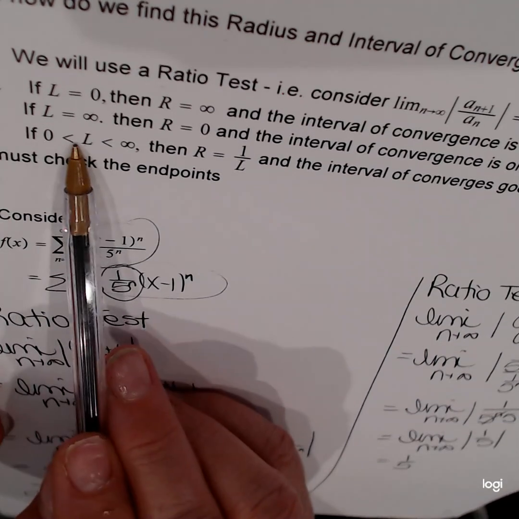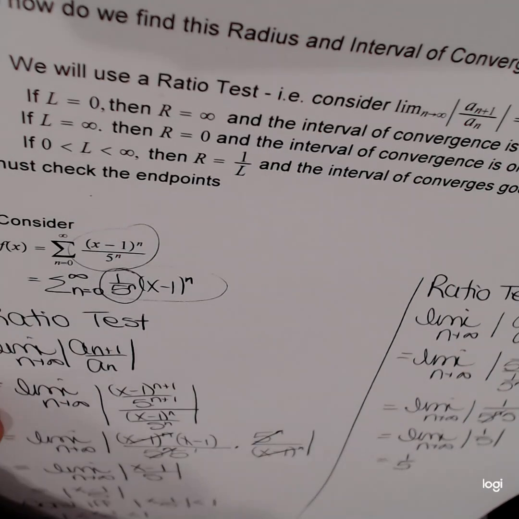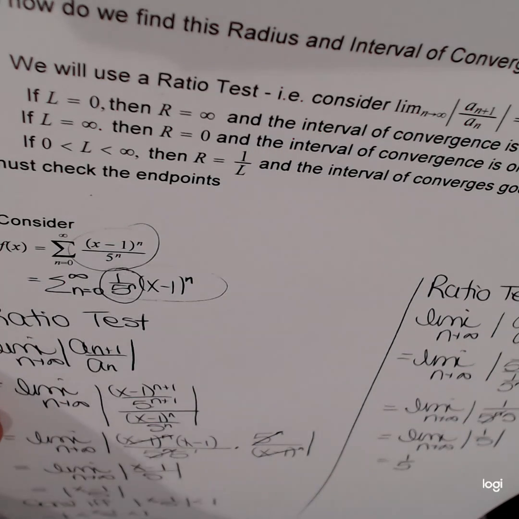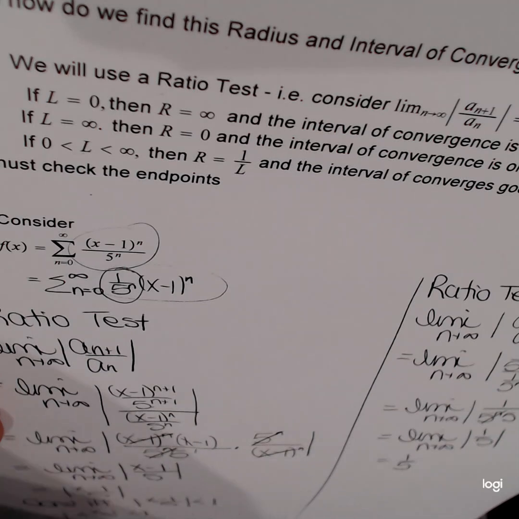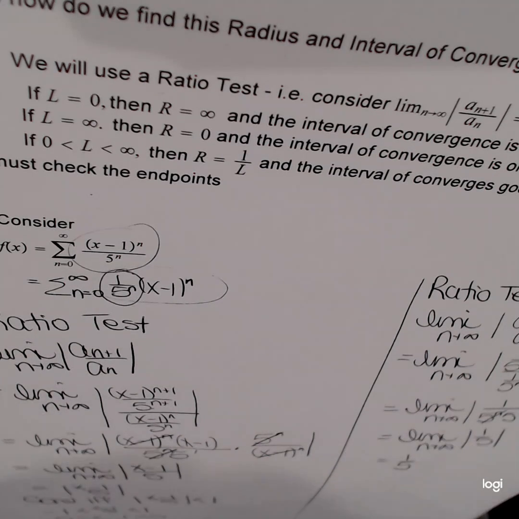If we get infinity, that means it only converges exactly at the center, where r equals 0. The reason is we're calling r 1 over L. Think about it: if you get 0 and you take 1 and divide it by almost 0, you're going to get a value of infinity. Whereas if you put infinity on the bottom of 1, what you get is essentially 0.